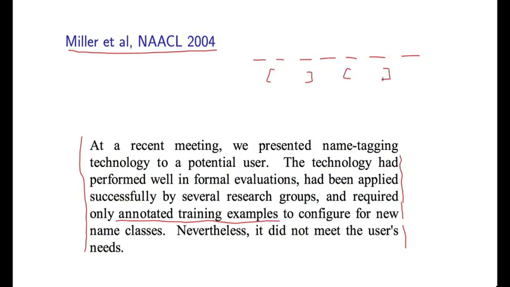And of course, gathering this kind of annotated training data can be an expensive proposition. The same is true for the parsing problems we've looked at, also for the part of speech tagging problems we've looked at, and actually many other problems in natural language processing.